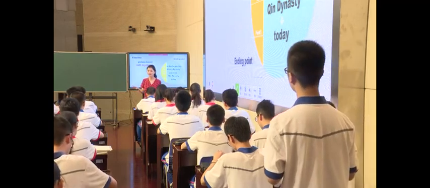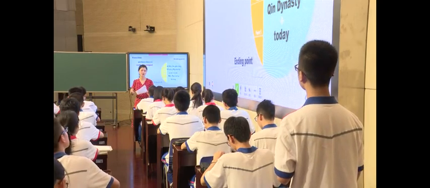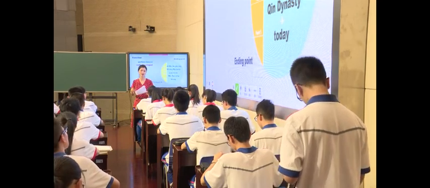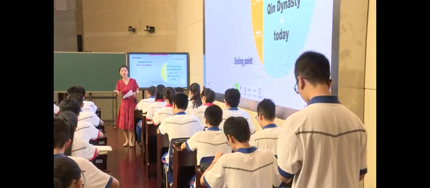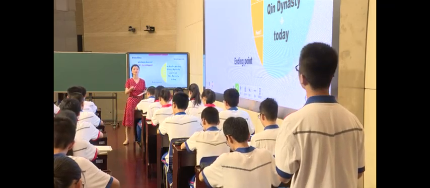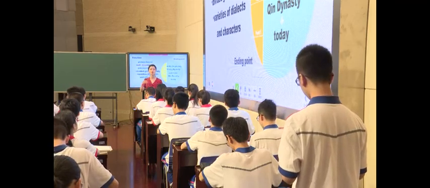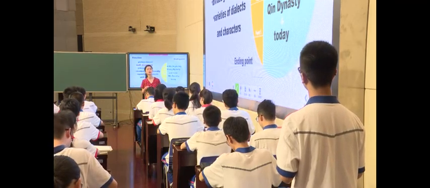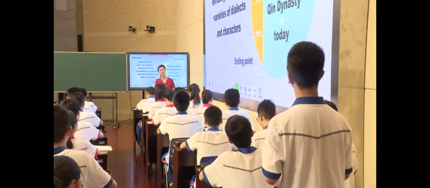And why are there so many varieties of dialects and characters? It's because people were divided geographically. Geographically, very good. This time it was different because people were divided geographically. Very good. Move on to the next part.